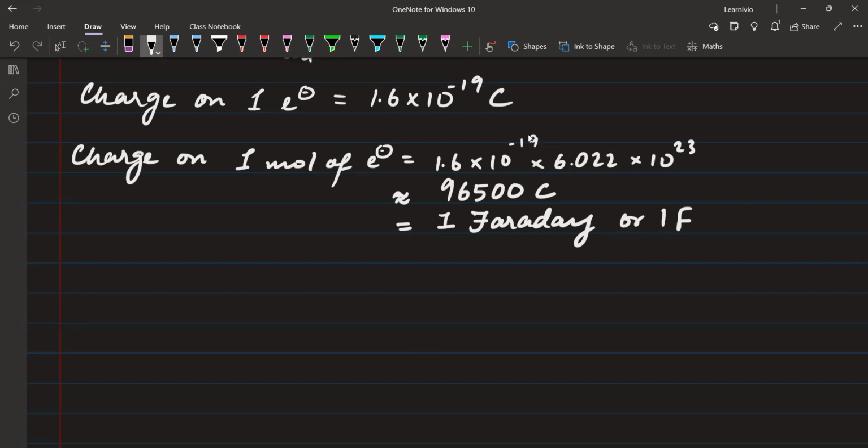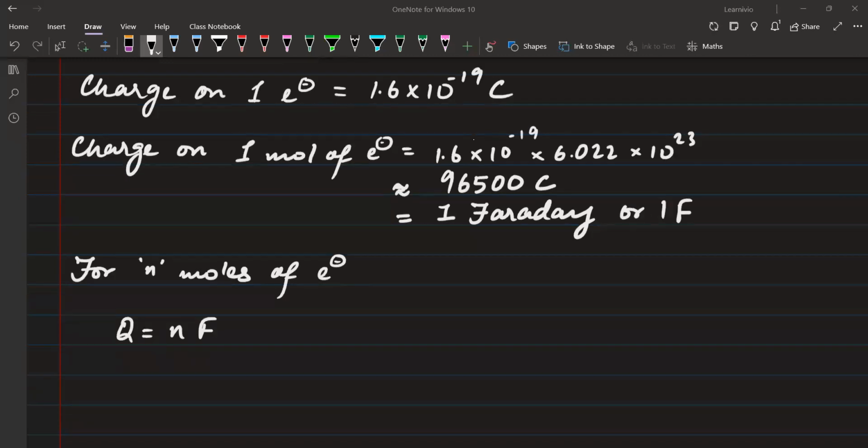So if I take n moles of electron, the charge will be equal to nF: 1F for 1 mole of electron, nF for n moles of electron. Makes sense till here? Yes, sir.